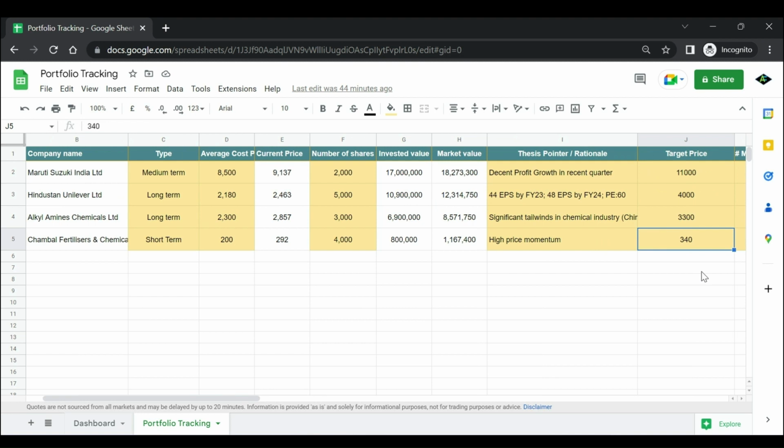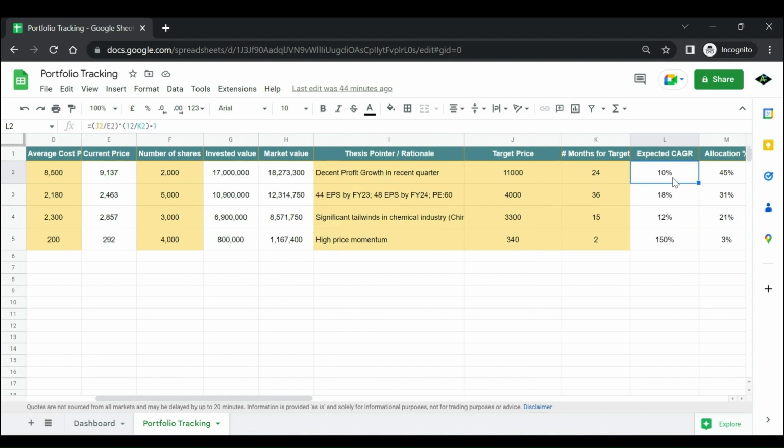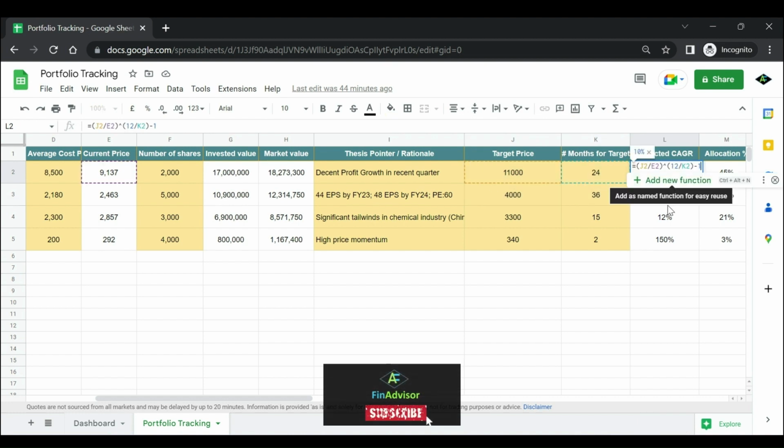Column J is where you manually put your target price, and then column K is where you put the number of months to achieve the target price, and column L automatically gives, based on these two inputs, your expected CAGR.